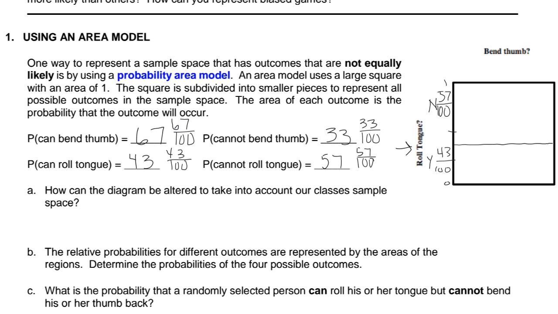Same idea along the top. You're going to divide it out. Over on the left, we'll say that's 0%, and then over here on the right, we'll say that's 100%. For can bend their thumb, that's 67%. Again, if this is the middle, we probably want to go a little beyond that. 67% is about 2/3 of the whole 100%, so maybe right in there.